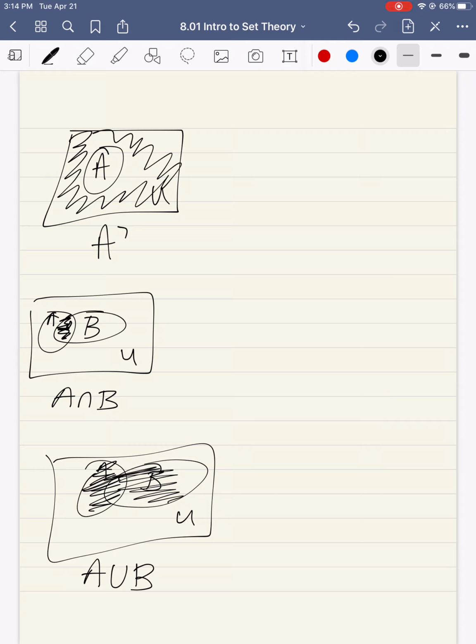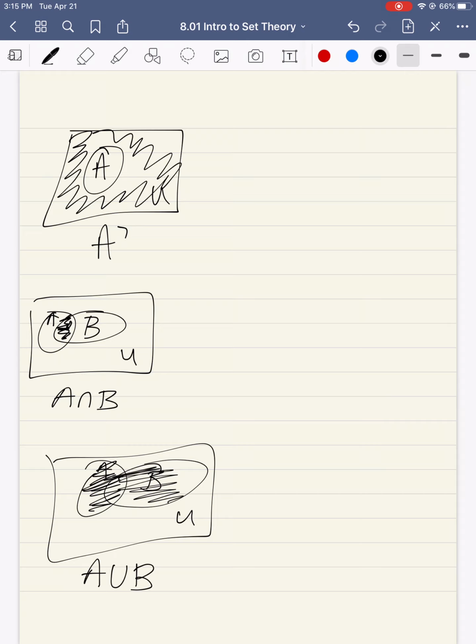All right, so we're going to pause for today, and next week we're going to pick up with intersecting and unioning different sets of reals or rationals, and we're going to get their definitions in.